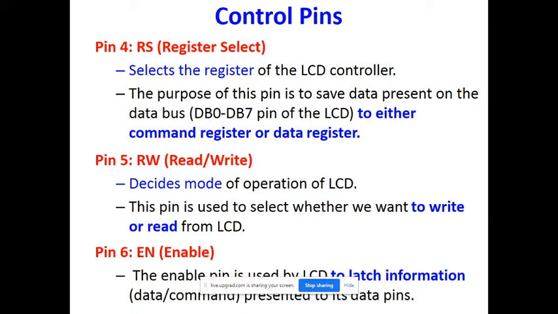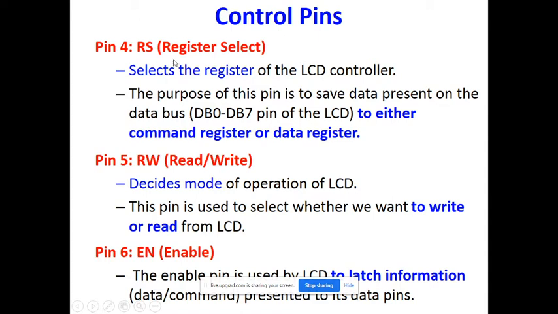For example, suppose our RS value is equal to 1. At that time whatever information is on the data bus, that is D0 to D7, is passed to the data register. When RS is equal to 0, whatever information is on D0 to D7 is passed to the command register. In this fashion, as per the status of RS, the data is passed to the command register or data register.